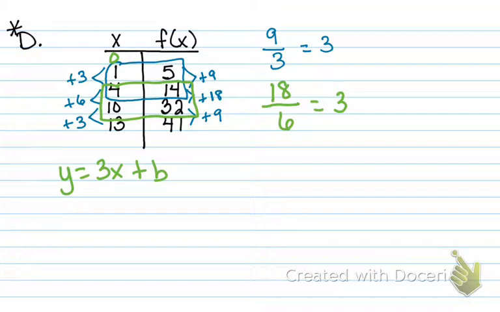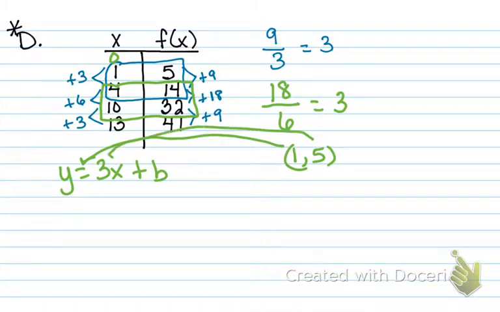So the way we do that is we can pick any coordinate pair, and I'm going to pick the easiest one. So I'm going to pick 1 and 5, and I'm going to plug them into my equation, right where the y and x are, okay? And then I'm going to solve for b. So this is what this looks like. y is 5 equals 3 times x is 1 plus b.